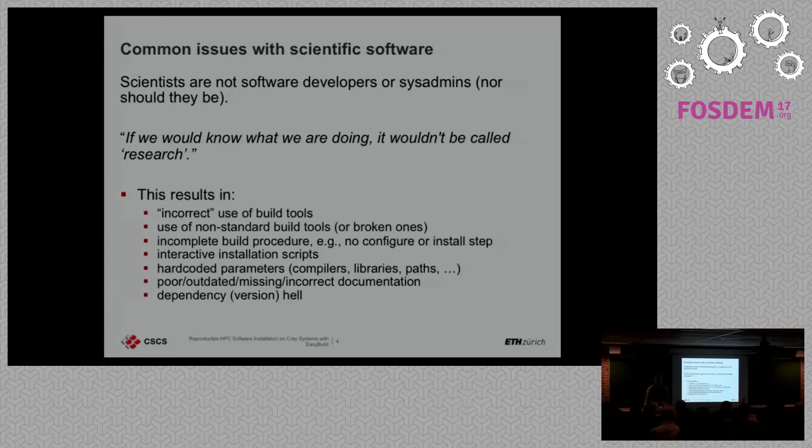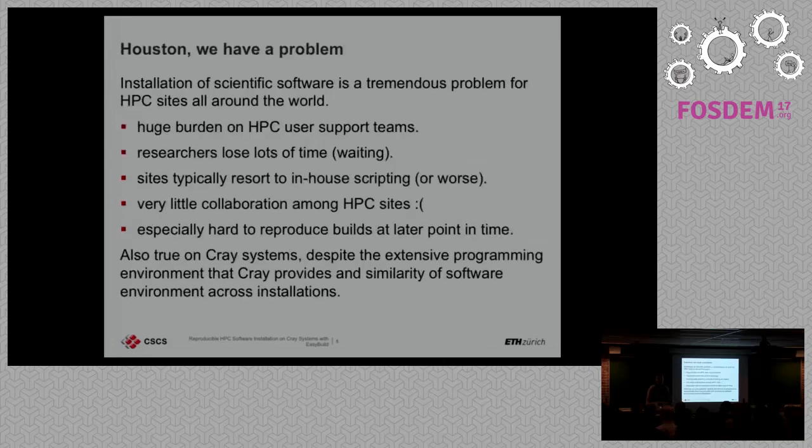With the dependency hell, we can see many software packages that have up to 40 or 50 dependencies in only one software, and then if you need to upgrade, good luck. So this is the big picture. We have a problem. The requests from HPC users are always growing, and unfortunately the quality of packaging this software is not improving.